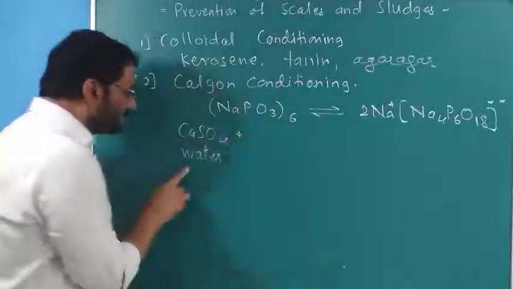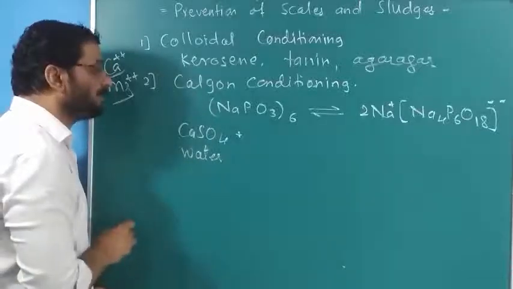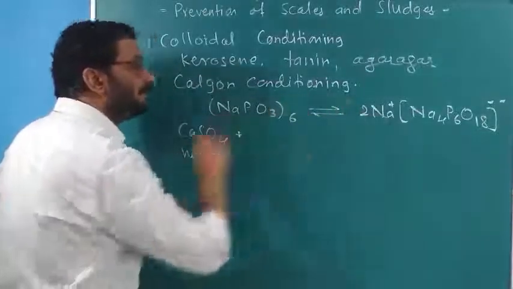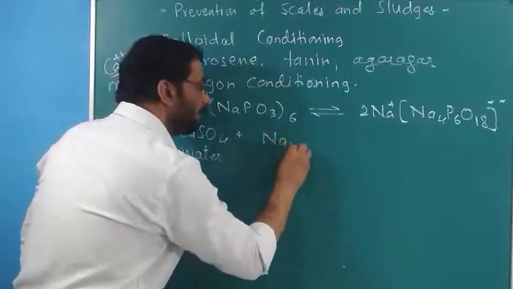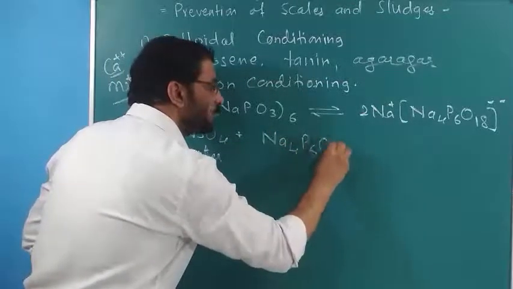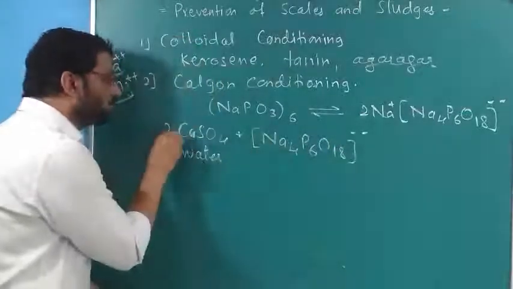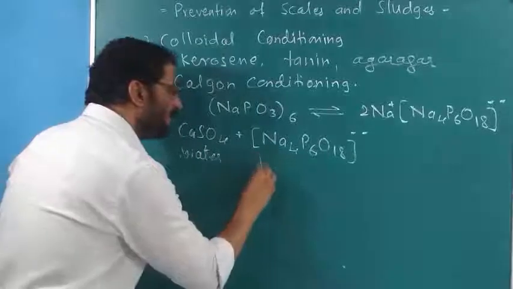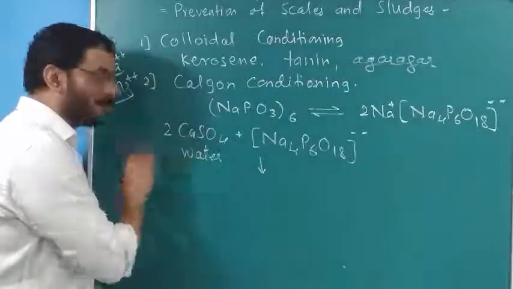This calcium sulfate is present in soluble form in the boiler feed water. When I treat the water with Calgon, Na4P6O18 2 minus, it reacts with twice calcium sulfate. This forms a soluble complex with calcium ions.